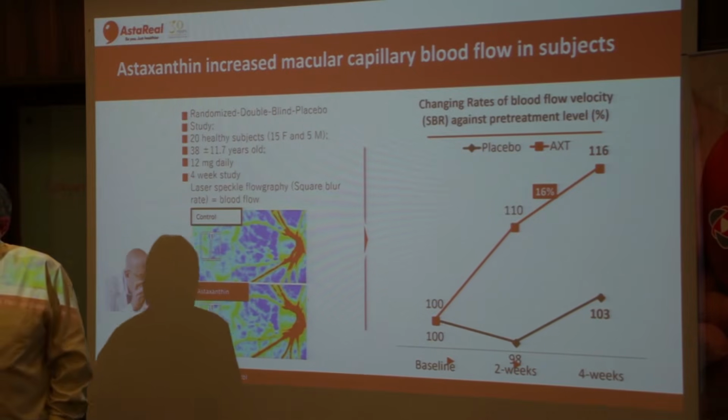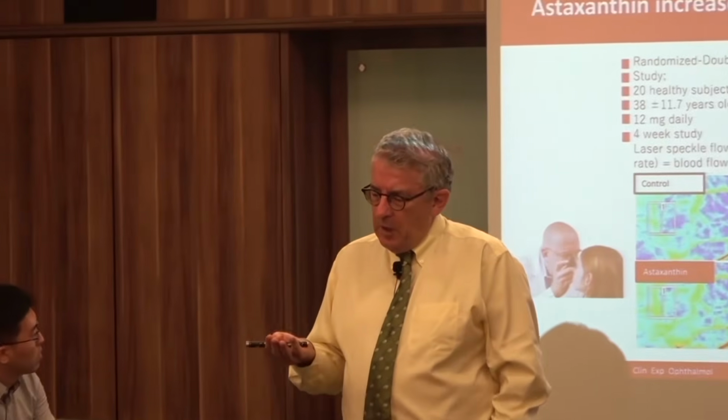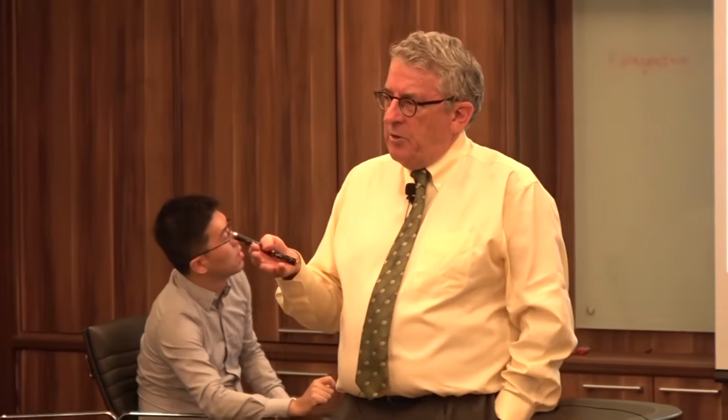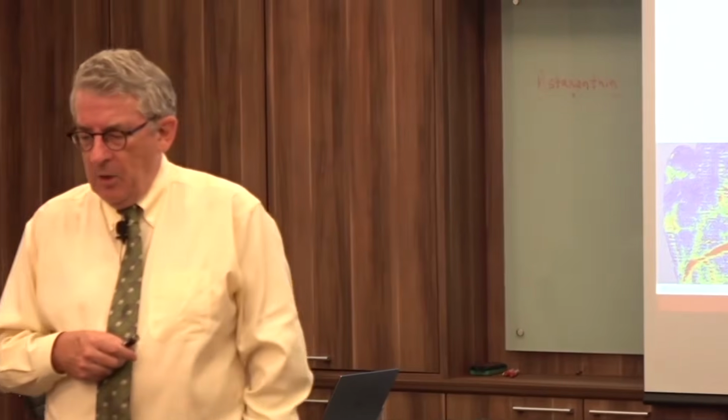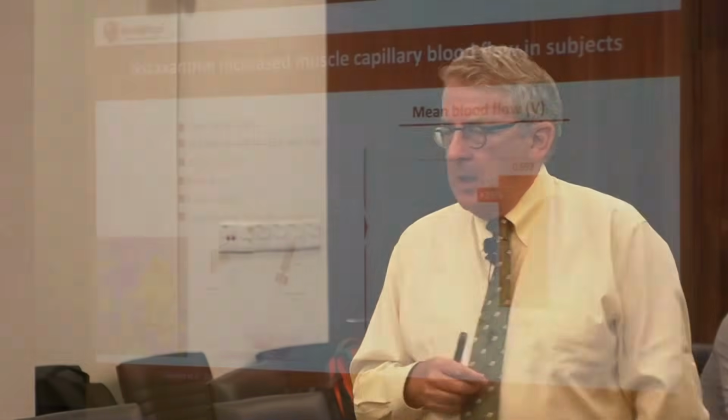There's a lot of evidence now that if you can improve macular blood flow, not only are you having an impact on macular degeneration, but also on glaucoma. Next slide. Switching from the macula to just muscle capillary blood flow, again, astaxanthin 6 milligrams a day over 4 weeks increased blood flow in muscle 25%. So you get an improvement in sort of circulatory response.